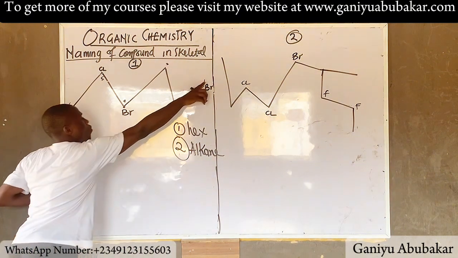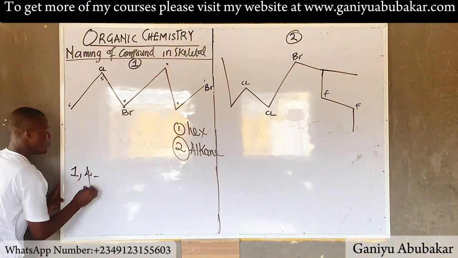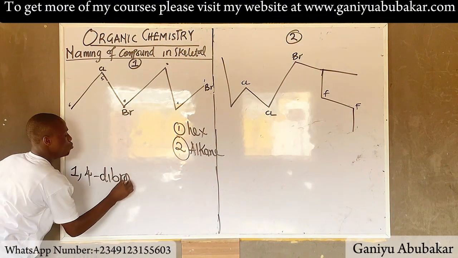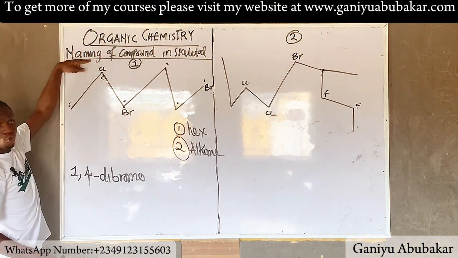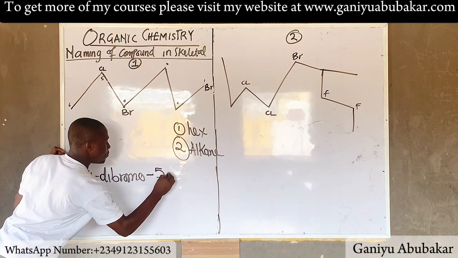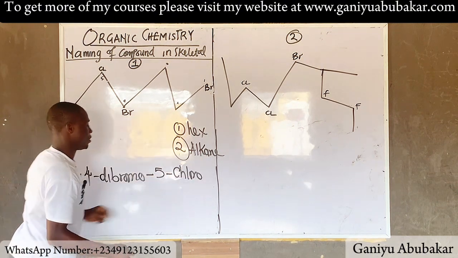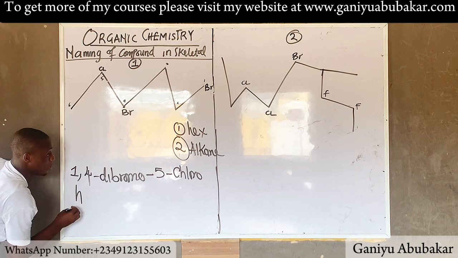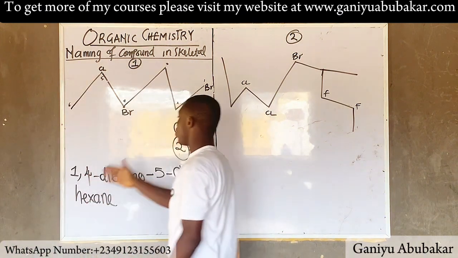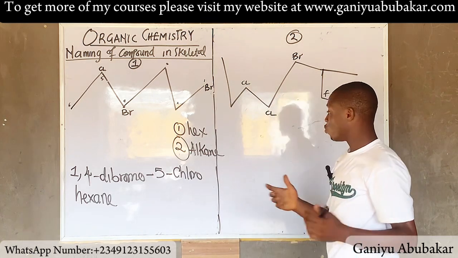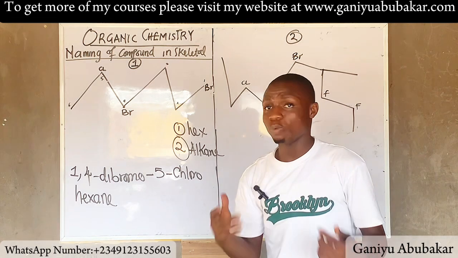That becomes 1,4-dibromo. Then the chlorine: 5-chloro. Hexane. So this compound is called 1,4-dibromo-5-chlorohexane.